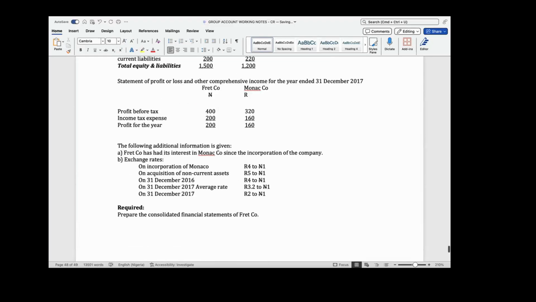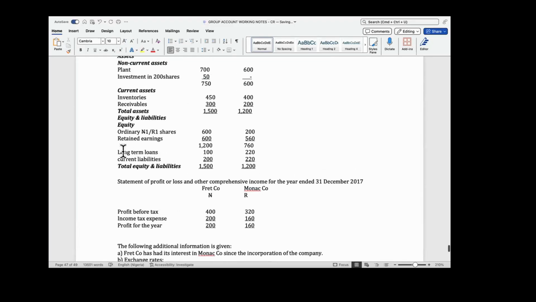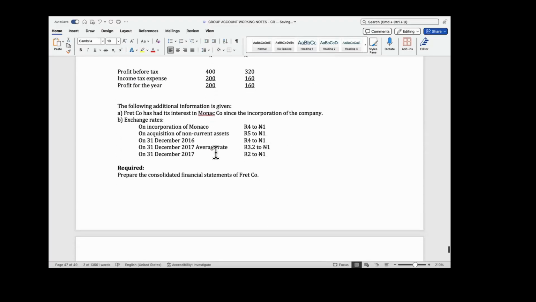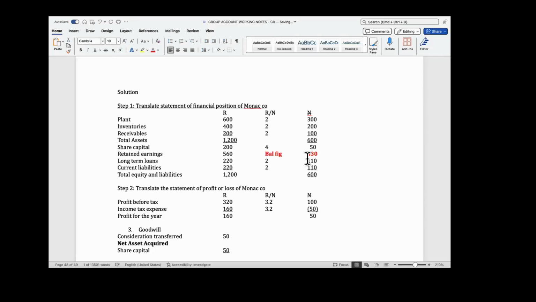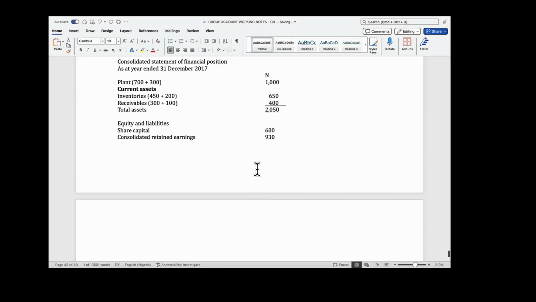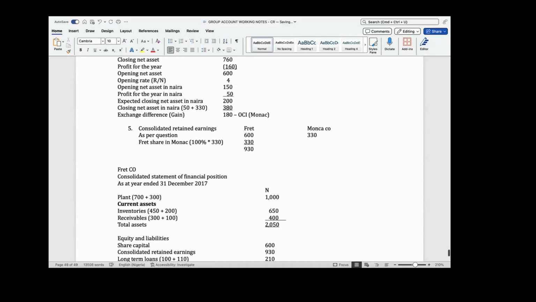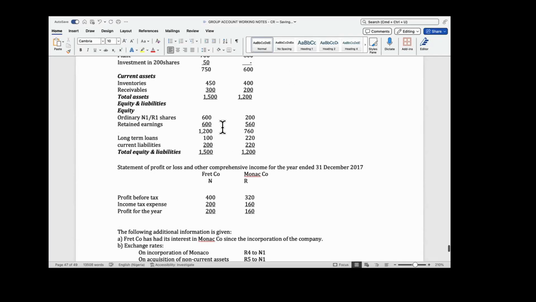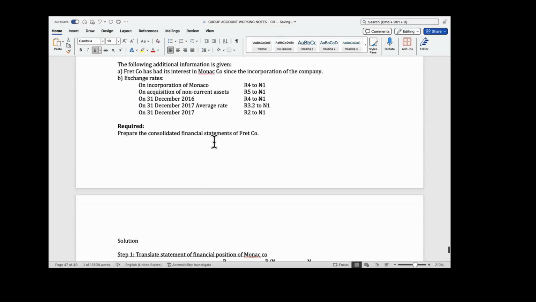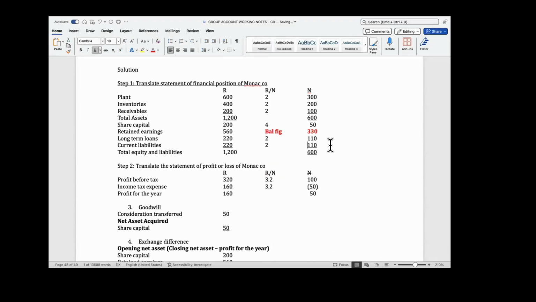Again, long-term loans, that'll be 100 plus 110. 210. Current liabilities, 200 plus 110.